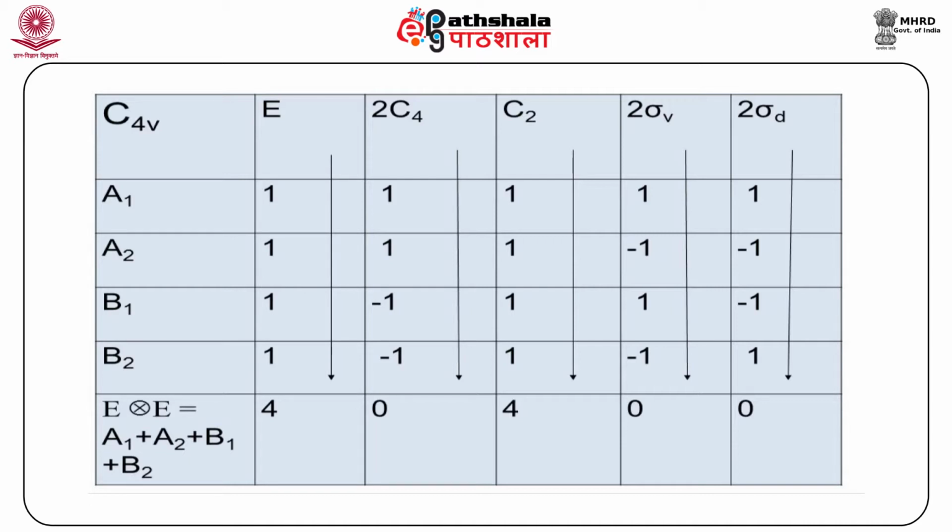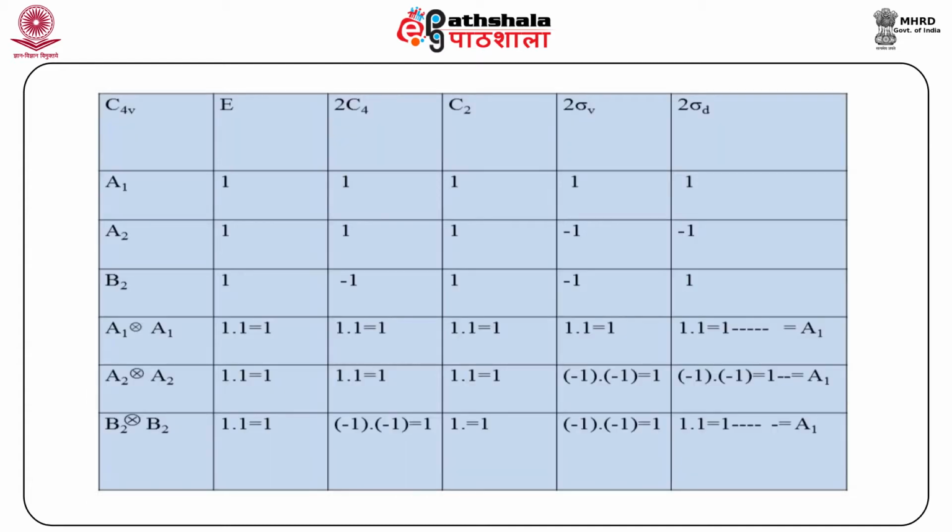Decomposition can be verified easily. Take the sum of the characters of irreducible representations A1, A2, B1, B2, it will be equal to the direct product, that is E into E, that is 4, 0, 4, 0, 0.